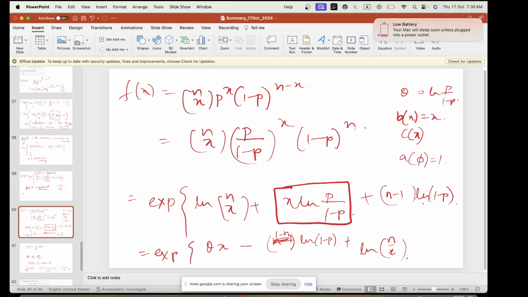I don't think this will work because if we see, this is not in its natural form. So our interest is the parameter p, but the canonical form is ln p by 1 minus p. So if it is not in its canonical form, I don't think this is going to work.